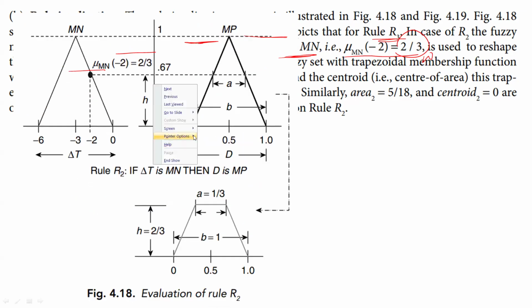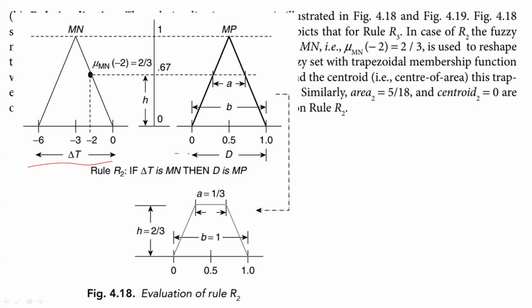You can see here, this is the graph that we saw earlier, and this is the new graph D that we have put in. The D graph is from 0 to 1, and it is also a triangle. Now for minus 2, we found that the mu value of Mn where it intersects is 2 by 3, that is 0.666.